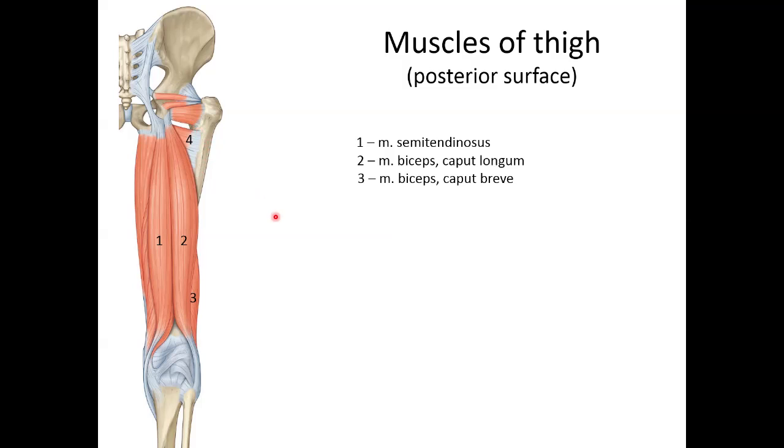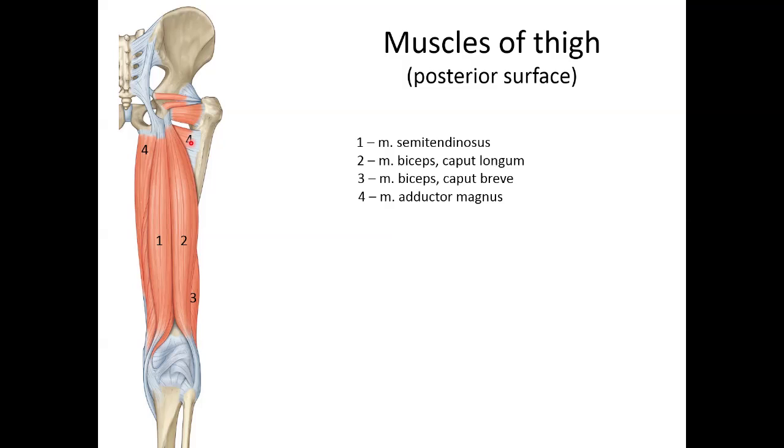Sure, it's musculus adductor magnus. Adductor magnus is quite a large muscle. Here it is adductor magnus, and here it is, it's also.